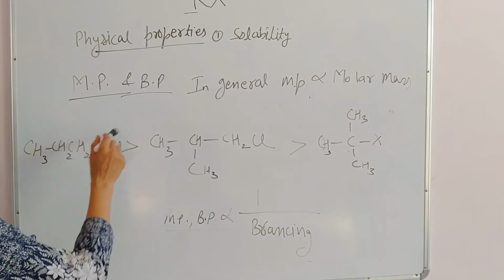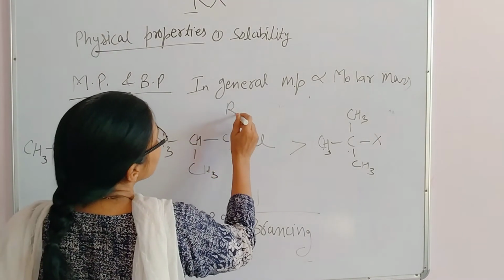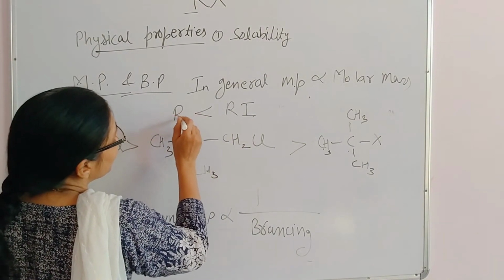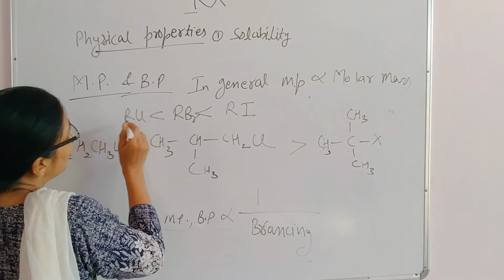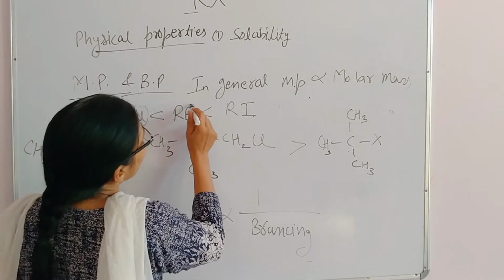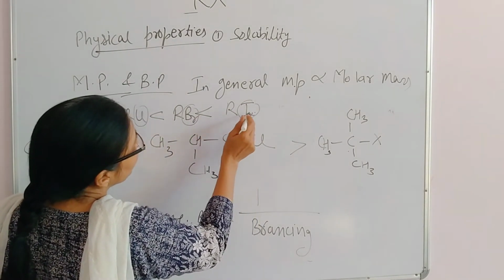In the same manner, with a different halide on the same R group, RI has the highest boiling point as compared to RBr and RCl. Why? Because of the bigger halide, the molar mass is higher for RI, so its boiling point is higher.